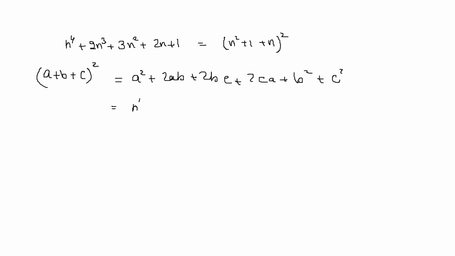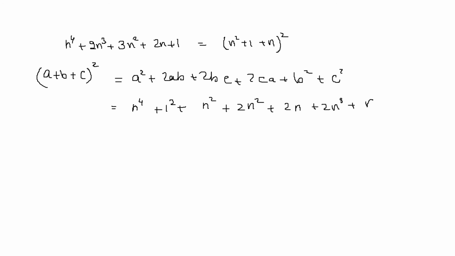You get n raised to power 4, and b is 1 so its square is 1, and c is n, so it will give n square. Plus 2ab, where b is 1 and a is n square, gives 2n square; plus 2bc, where b is 1 and c is n, gives 2n; plus 2ca, where c is n and a is n square, gives 2n cube.